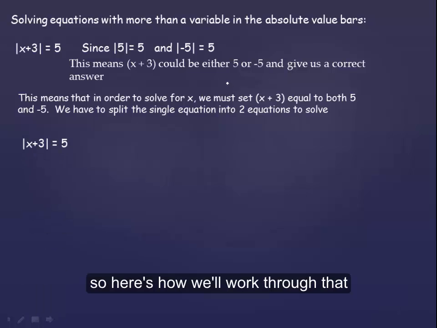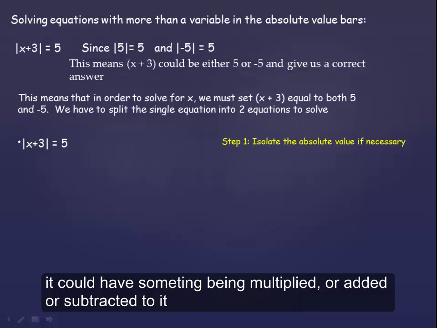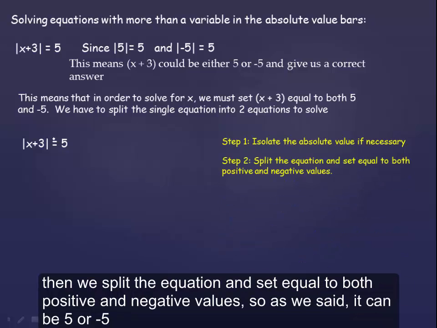So here's how we'll work through that. First, we isolate the absolute value if necessary. In this case, it's already by itself, but perhaps it could have something being multiplied or added or subtracted to it. Then we split the equation and set equal to both positive and negative values. So as we said, it can be 5 or negative 5.